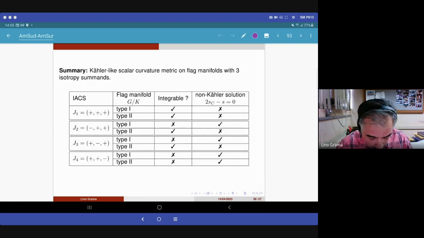And this is just a summary of these results. Integrable here means that the Gauduchon is nothing new. But in a non-integrable case, we can find non-Kähler solutions.